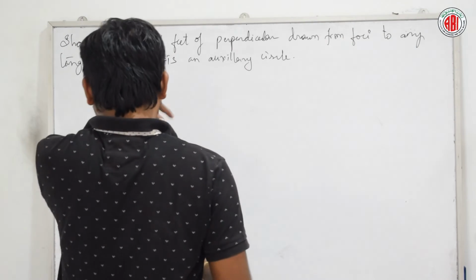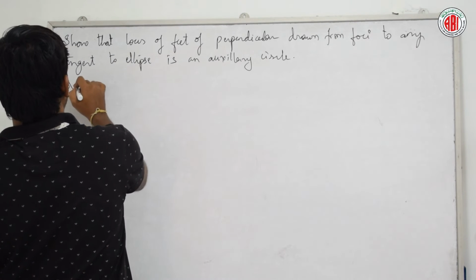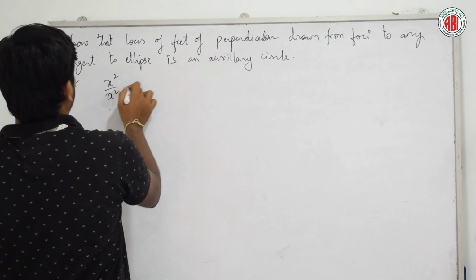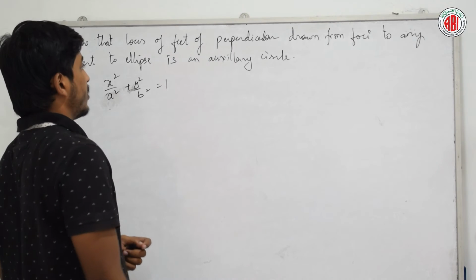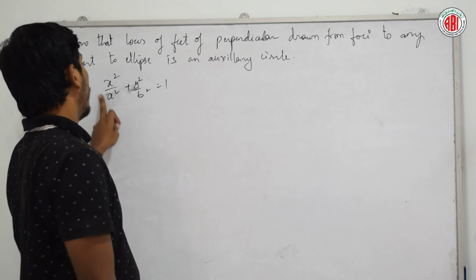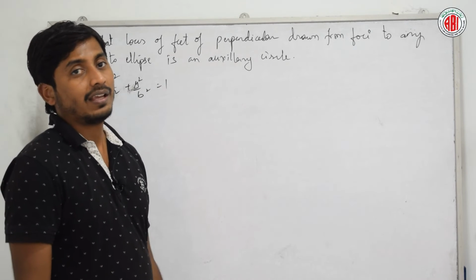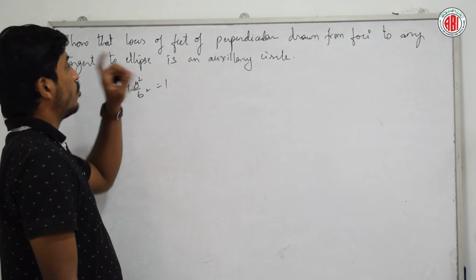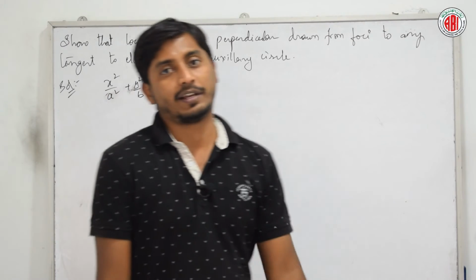Okay. So first we have to write the standard equations. Ellipse is x square by a square plus y square by b square is equal to 1. This is our standard equation of ellipse. So how will the equation of tangent be? From the tangent we have to find out the focus, then again from the focus the foot of the perpendicular.